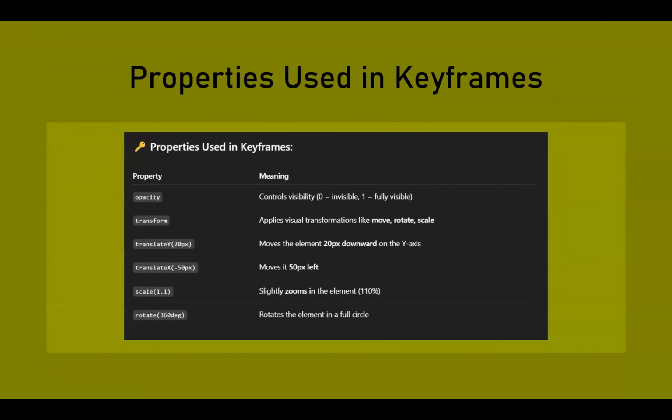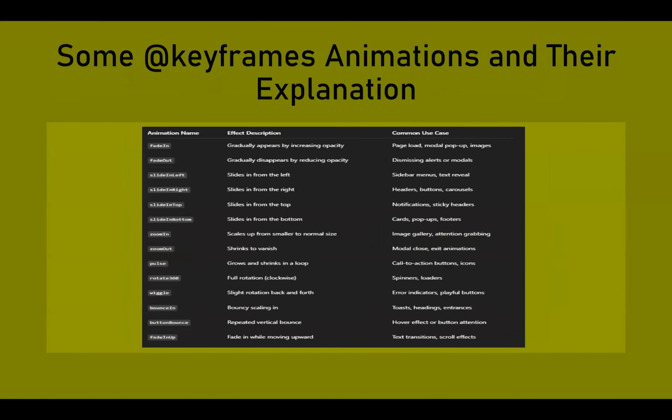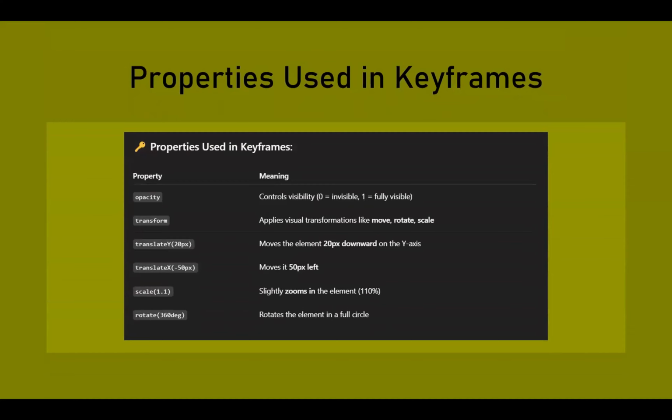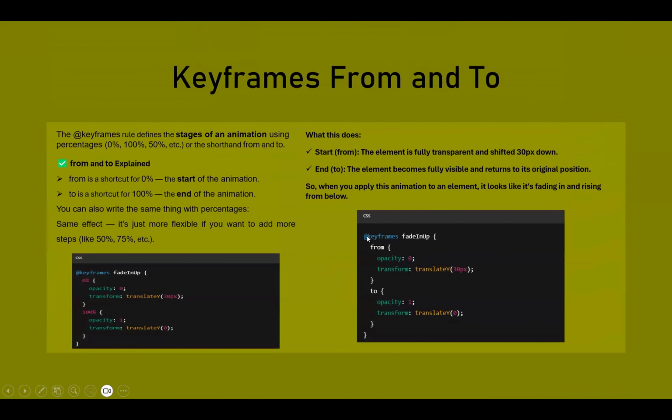Then we have properties used in keyframes. Again, if we go back to our keyframes, just to take it again, you write the keyframes keyword, and then you write the name of the keyframe, and then you specify the start of the keyframe, what should happen. So inside the start of the keyframe and the end of the keyframe as well, you can pass in things that can happen.